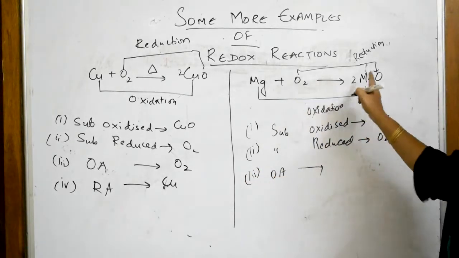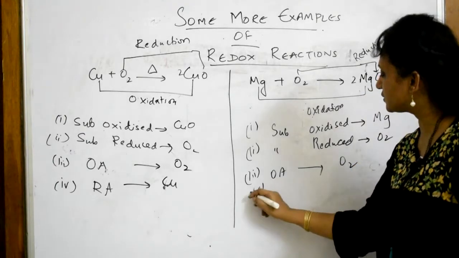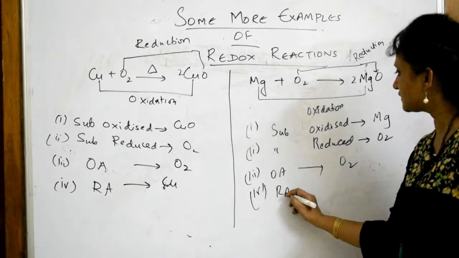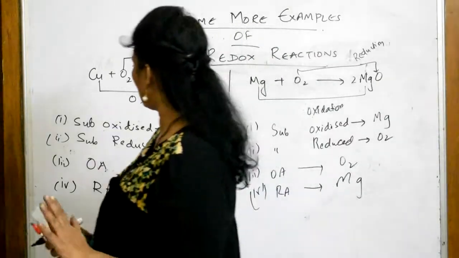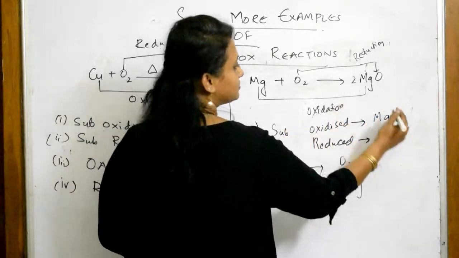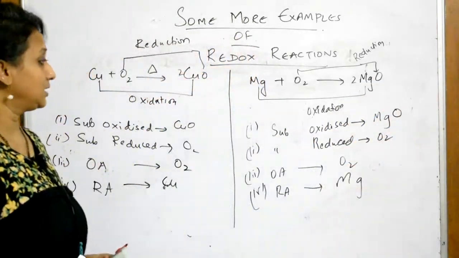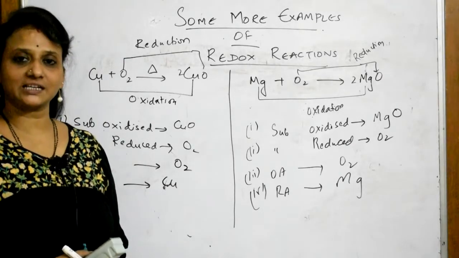Which is supplying oxygen here? Oxygen, so O2. Which is the reducing agent? The reducing agent is nothing but Mg. So simple. Now one thing: the product is MgO, no? Right. Okay, clear. So these are the examples of the redox reaction, students.